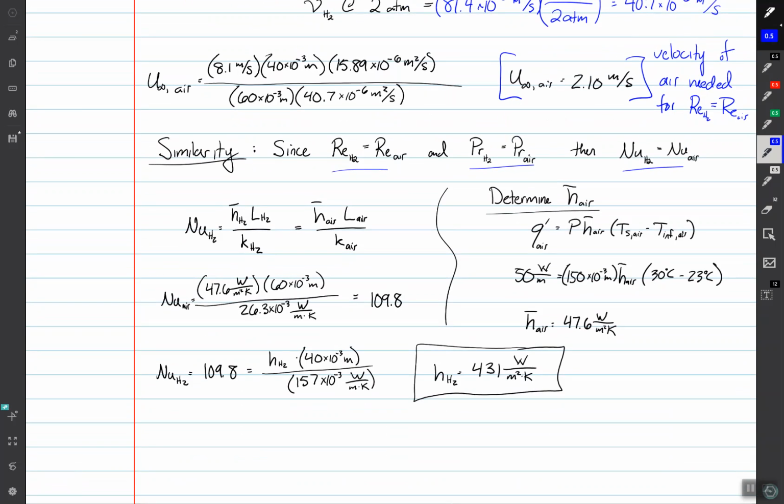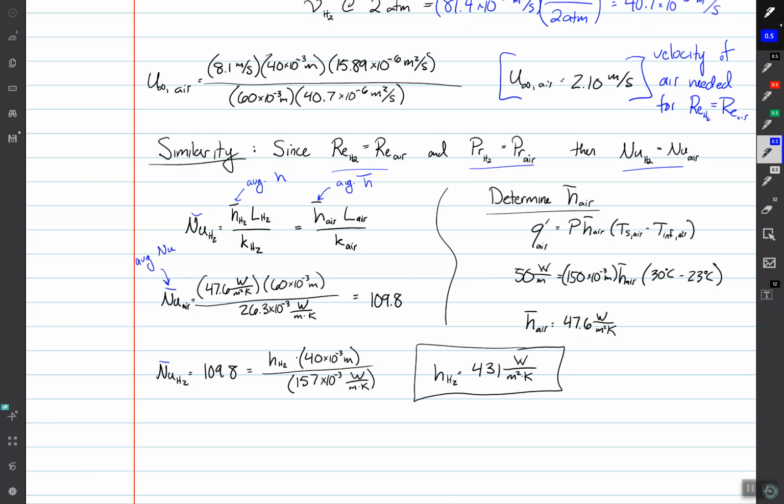We can write that the Nusselt number of our hydrogen is going to be equal to the average convection coefficient. Technically, these would be average Nusselt numbers.